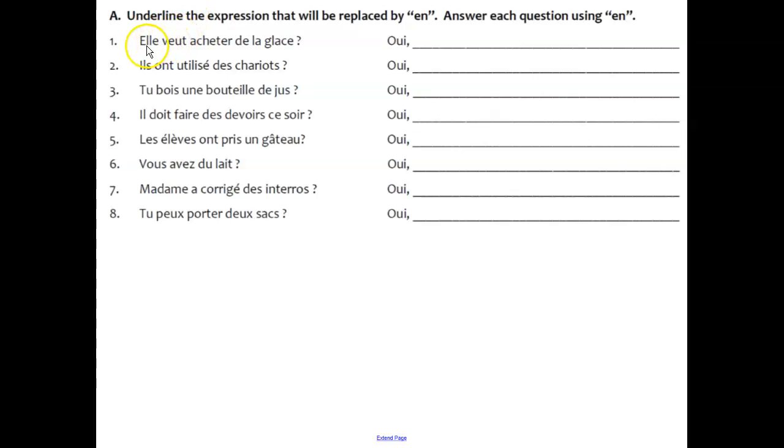Before you get to that part, actually, remember step 1, understand the question, then figure out which part is going to be replaced, cross it out, write the word "en" above it, draw the little arrow for where does your "en" need to go, then put together a positive answer for each of those. So go through the steps, but everything in this activity is using "en" rather than le, la, les.